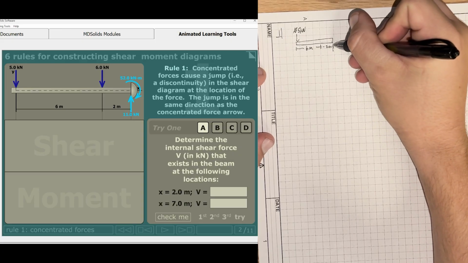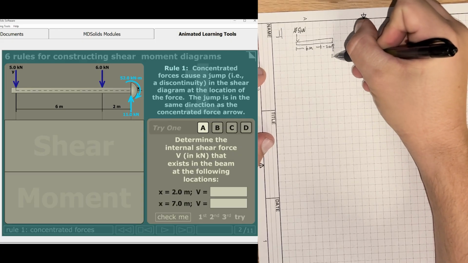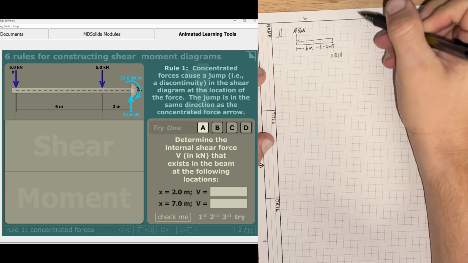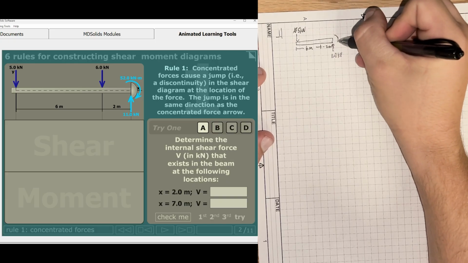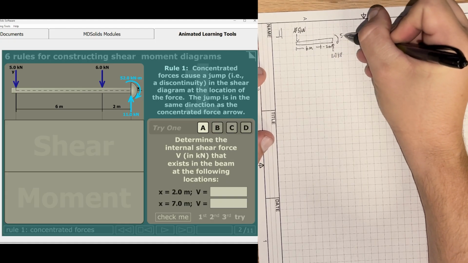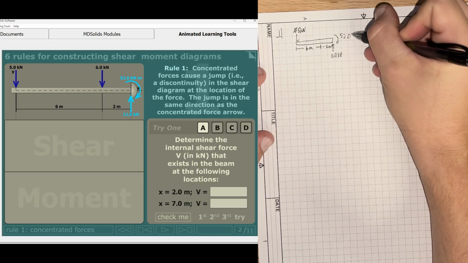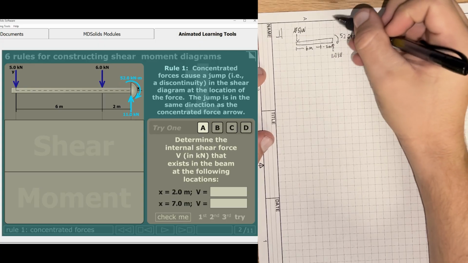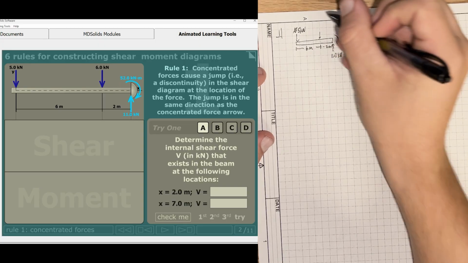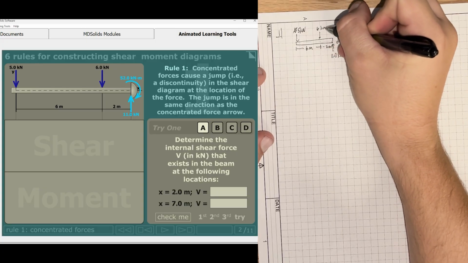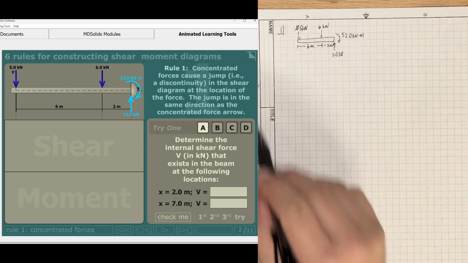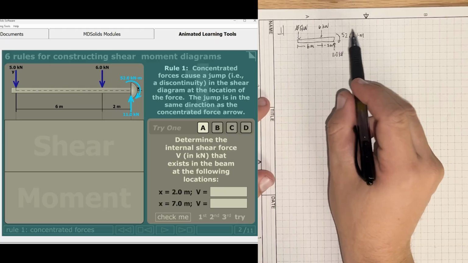We're going to have this concentrated force of 11 kilonewtons, and a counter moment here, 52.0 kilonewton-meters, and then this 6 kilonewton force right here. Now, we're just looking at the shear diagram, right? So don't get thrown off by this moment.